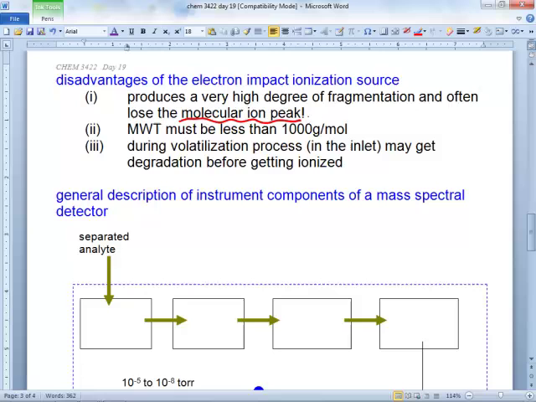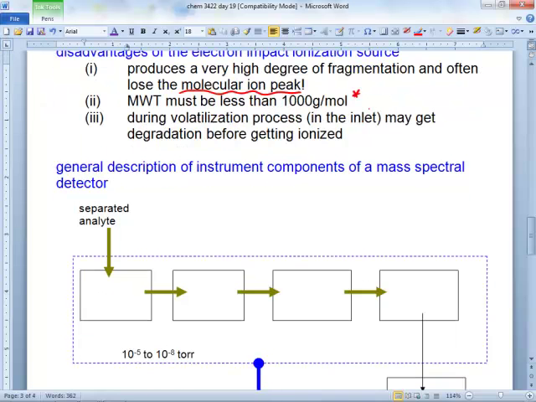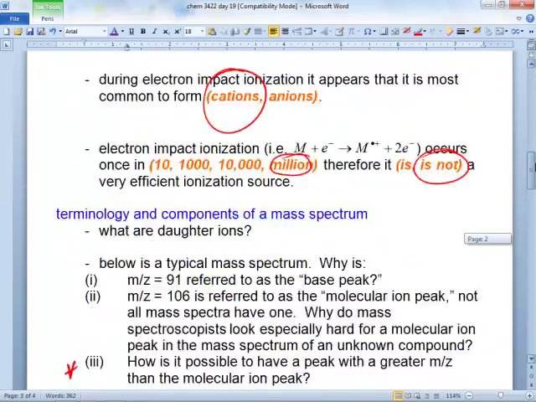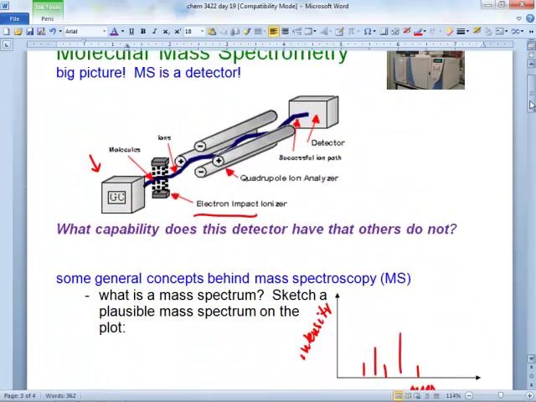And there are different types of mass spectrometers, but we're just focusing on electron impact. That's what we use, and it's the most common too. Molecular weight must be less than 1,000. Why would that be? For this whole thing to work, physically, that molecule has to travel about this far.